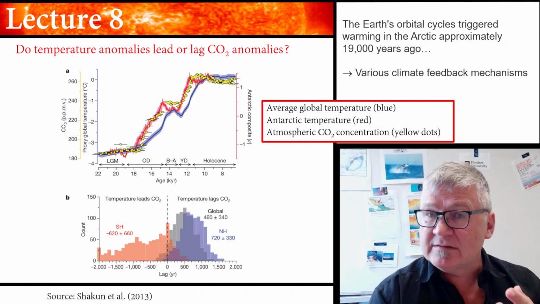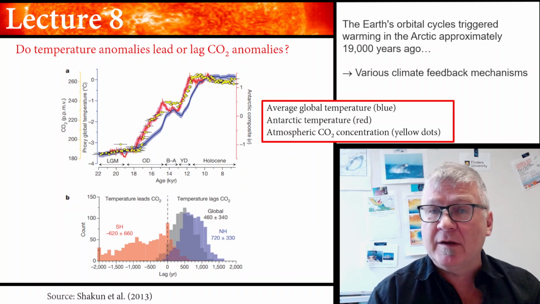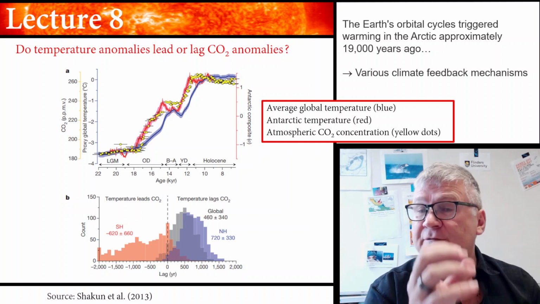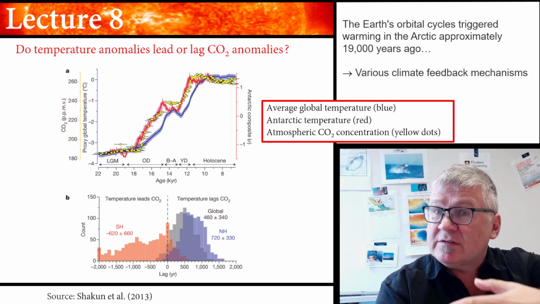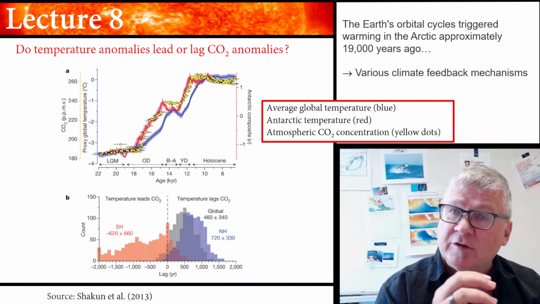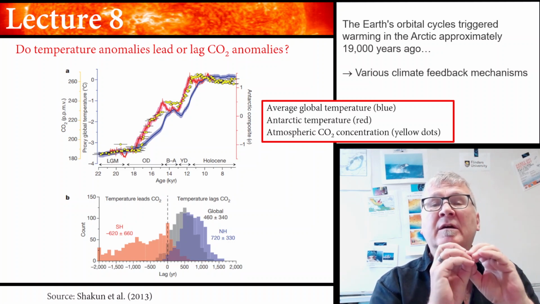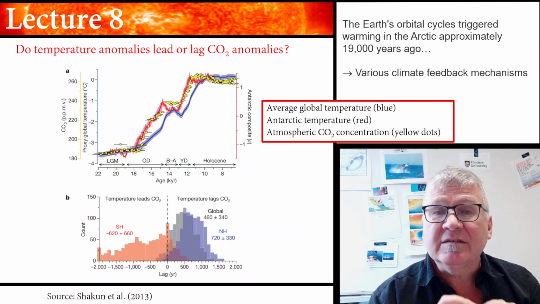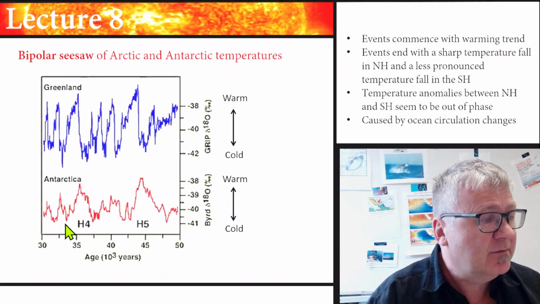There are complex feedback mechanisms occurring. It's different in the northern and southern hemispheres because there's something happening. Various climate feedback mechanisms that you will learn about, but I just want to introduce you to the bipolar seesaw. This is shown on the next slide.